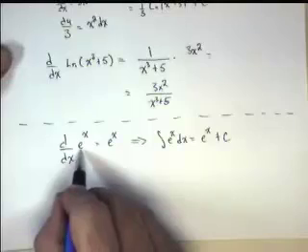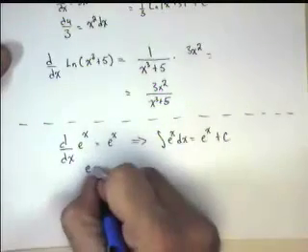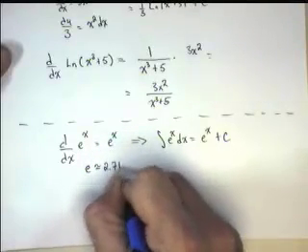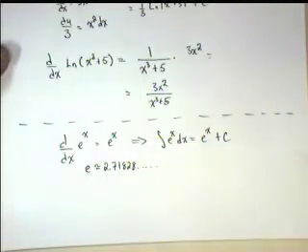Remember that e is a number. It is not a letter or a variable or anything. It's like pi. In fact, it's a transcendental number. It's 2.71828, and it wanders off from there, a little more than 2.7.